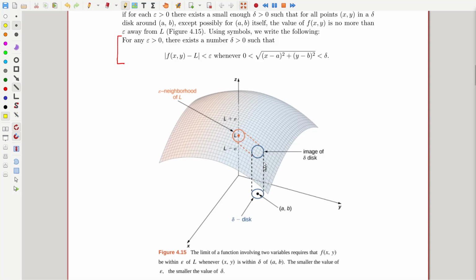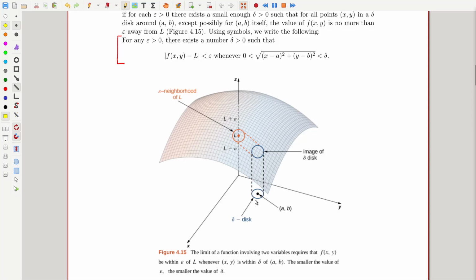This is a way of expressing closeness. You want it so that as you shrink yourself towards the point A comma B, you are controlling how close you are to the value L.